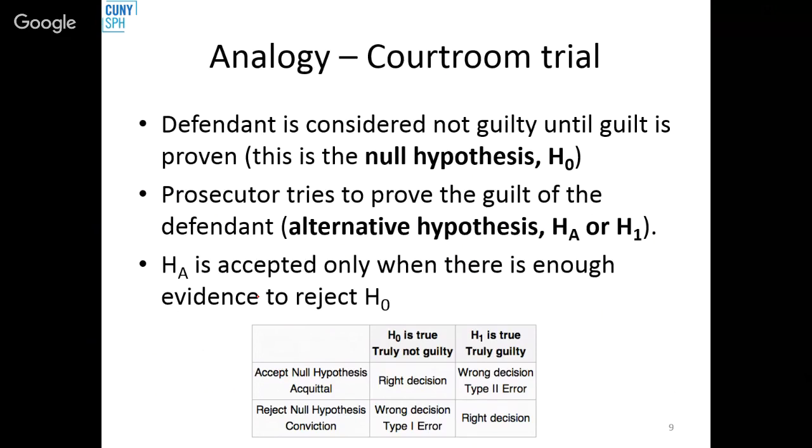That's what that 0.05 means. It's controlling this type 1 error rate to be at 5% of all of the cases where H0 is true. So a type 1 error rate of 5% in the courtroom means that you will convict 5% of the innocent defendants.